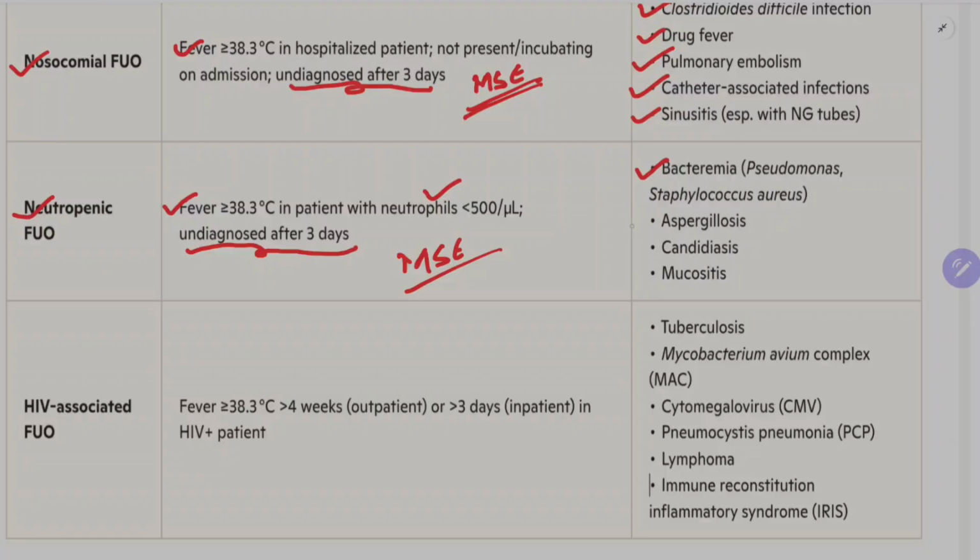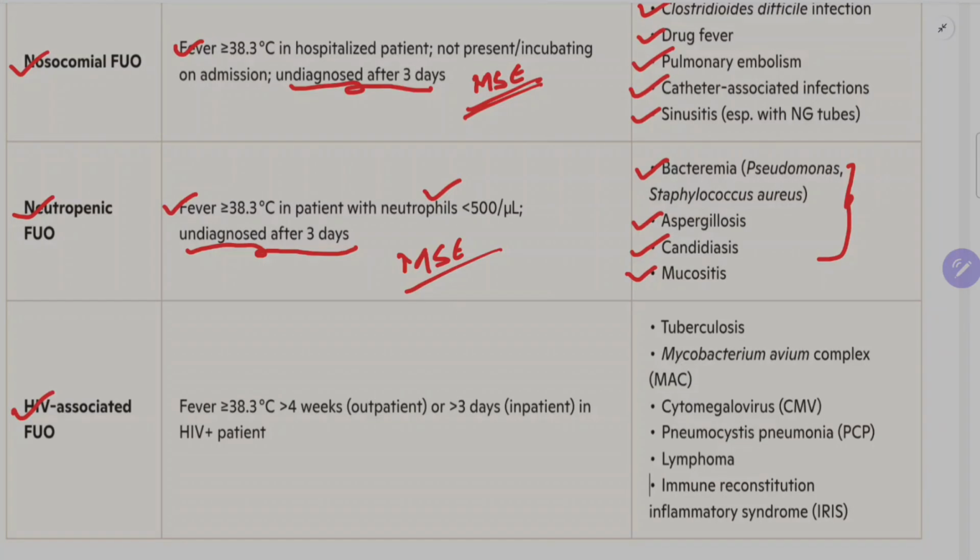Fungal infections like aspergillosis, black fungus, or white fungus like candidiasis. Then third is mucositis. So bacterial infections, fungal infections, and mucositis are the causes of FUO in neutropenic patients. So aspergillosis, candidiasis, Pseudomonas and Staph aureus infection, and mucositis.